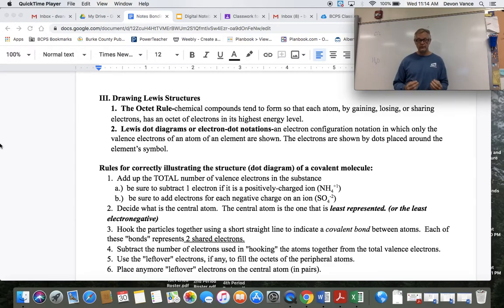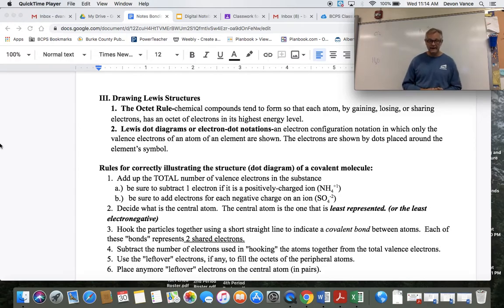So the octet rule we know is whenever octo, meaning 8, whenever your atoms can share electrons to get to a more stable state. That more stable state is having 8 valence electrons. That's the octet rule. There are 2 exceptions to the octet rule, and that's going to be the smallest elements on the periodic table. That's going to be our hydrogen atoms and our helium atoms.